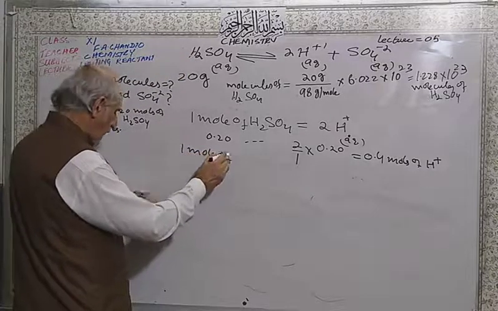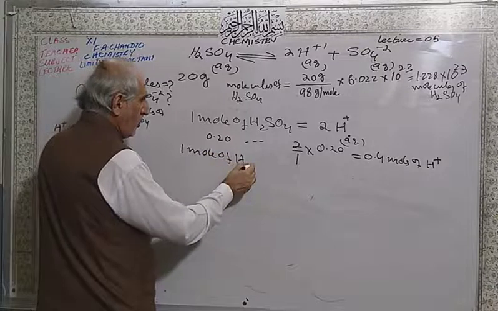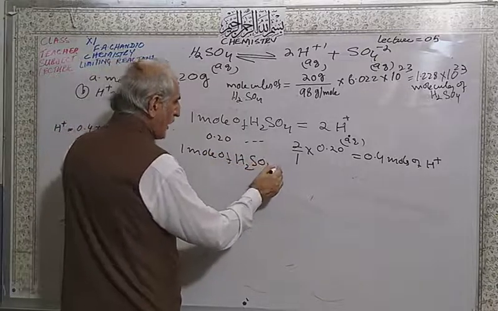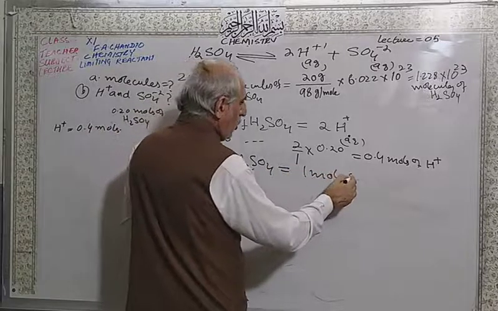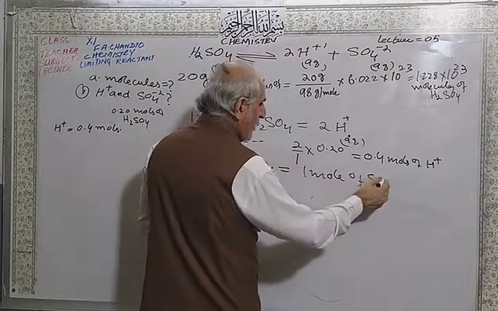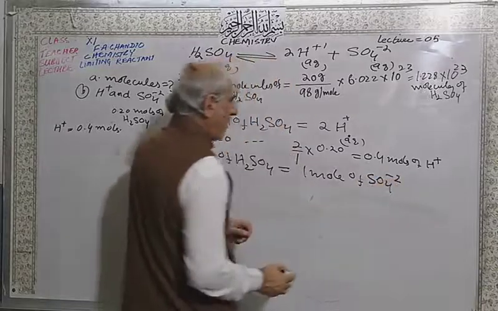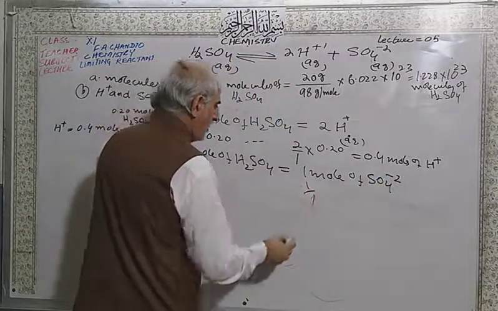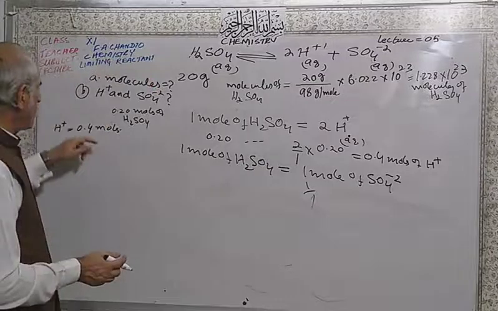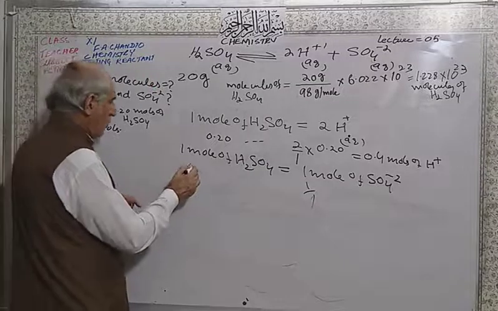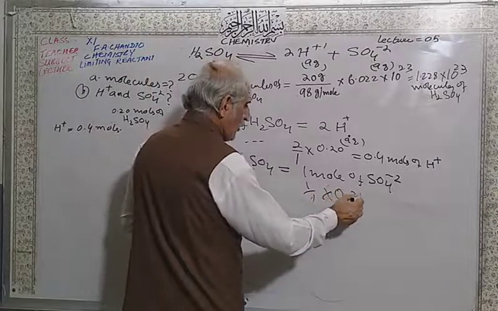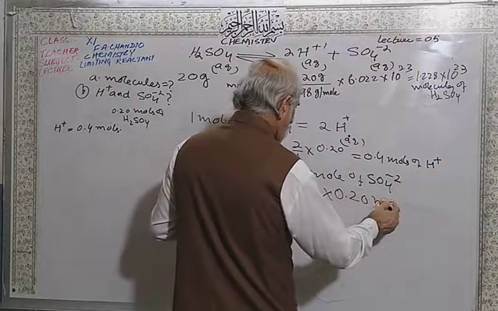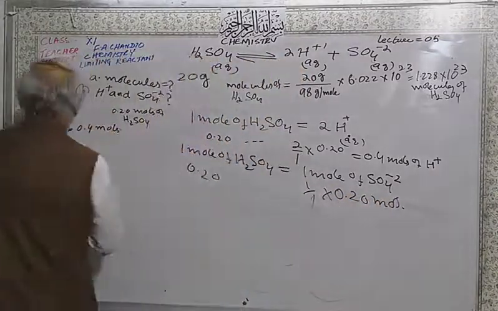Now the same for sulfate: 1 mole of sulfuric acid gives 1 mole of sulfate. So the ratio is 1 over 1, and how many moles of sulfuric acid? 0.2. So the same answer, 0.20 mole.